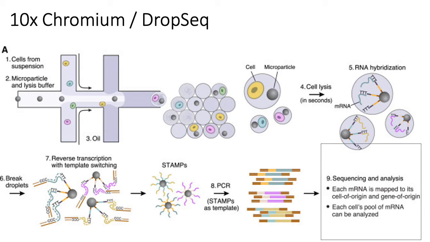And using that 3' end, that's how you identify which gene the transcript came from. But because you only sequence the 3' end, you won't be able to identify, for example, alternative splicing events that happened in the 5' end that are past the barcode that you sequence.